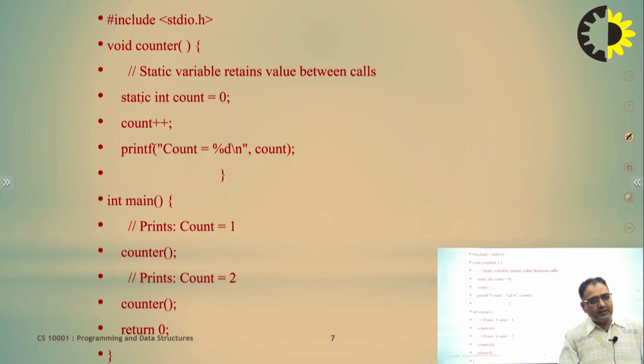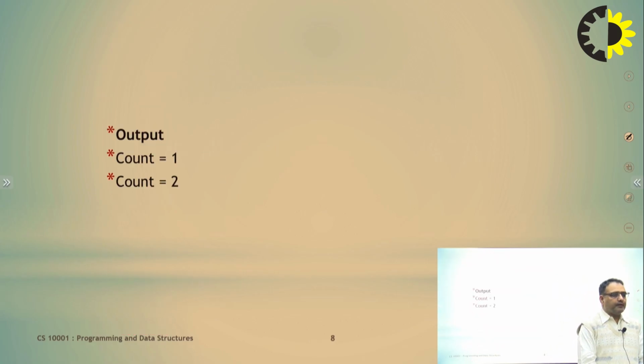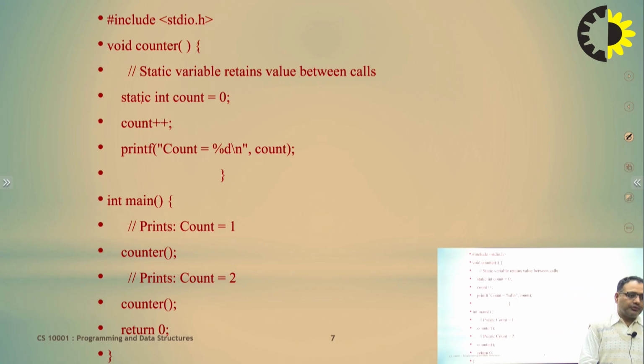The output is 1 2, because you call the counter method 2 times.